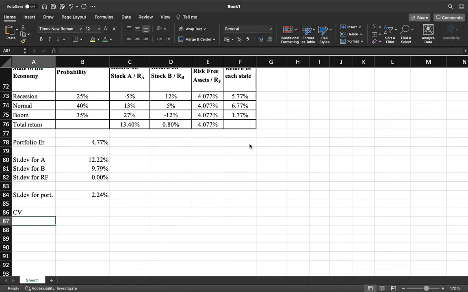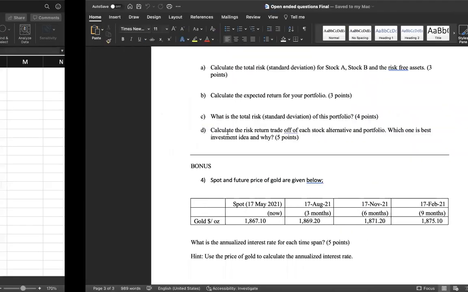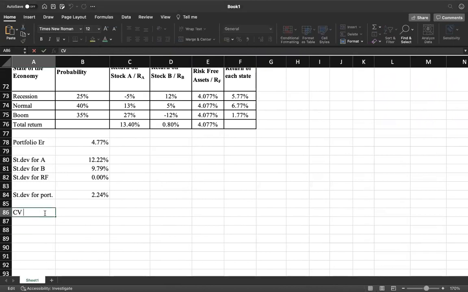It doesn't have any coefficient of variation. Its coefficient of variation is equal to 0. We don't consider it in the question, only stocks and portfolio. So coefficient of variation of A, coefficient of variation of B, and coefficient of variation of portfolio.